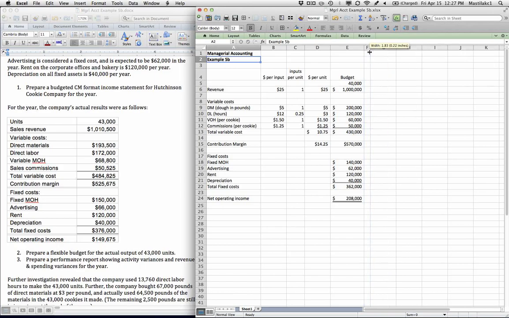So what we need to do is figure out how to deal with the fact that our actual results are different from our budget. So I'll throw the actual results in here, and I'll leave a column of space, and I'll show you why in a minute.